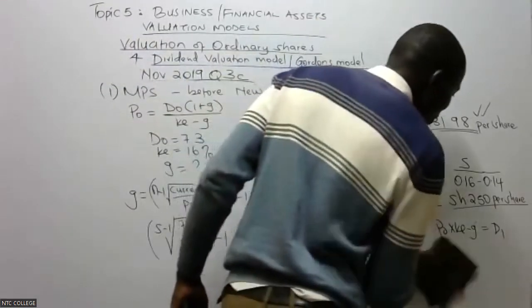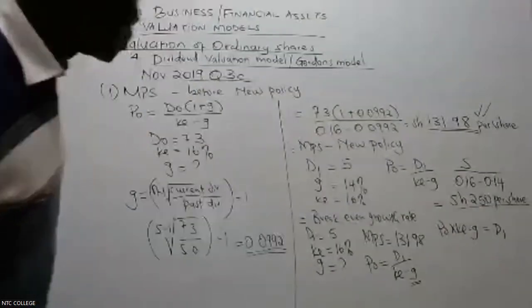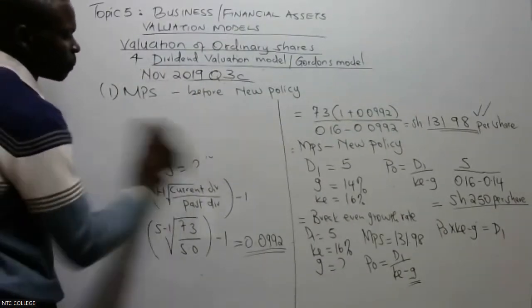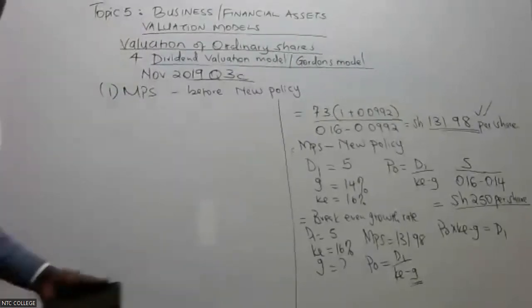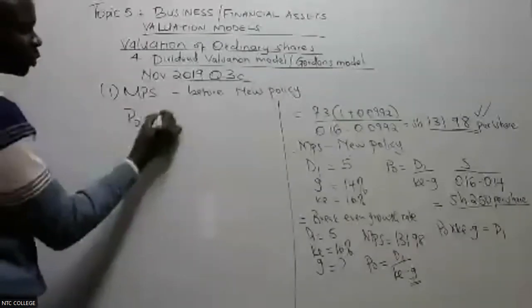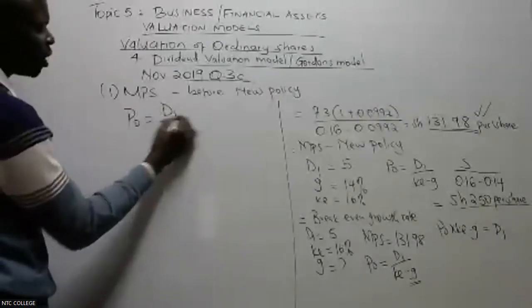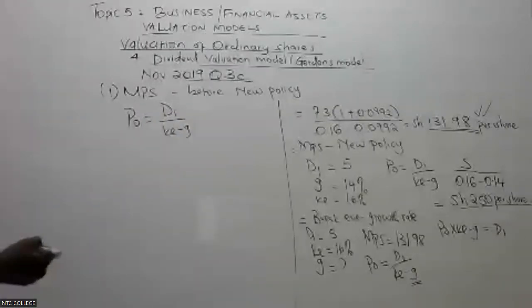Okay, let's go the long method. So this is what we are told. Our P0 is equal to D1 over KE minus G, right?